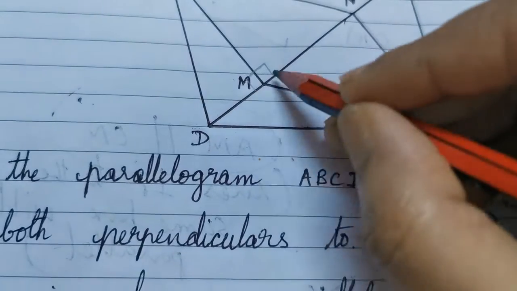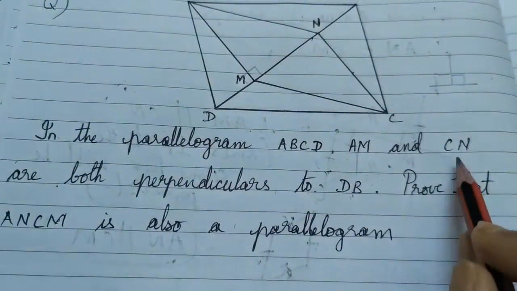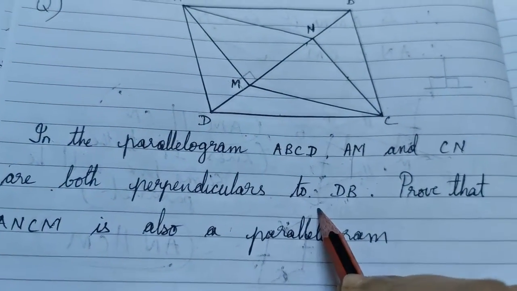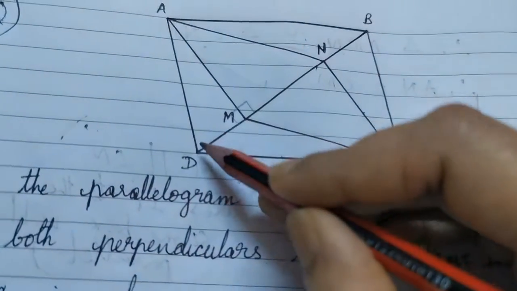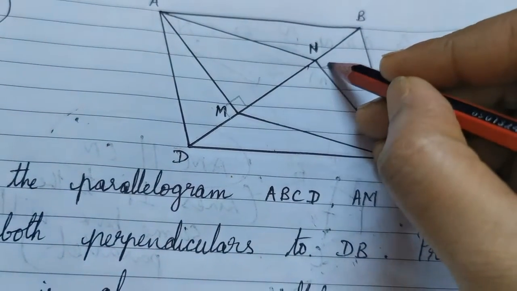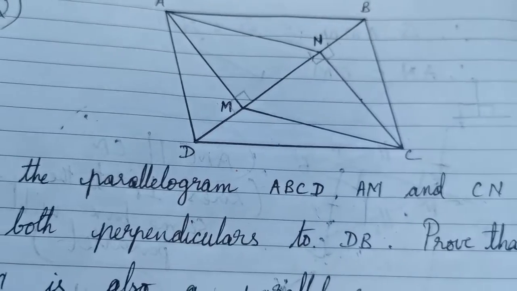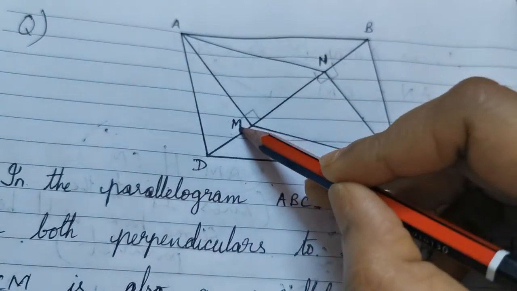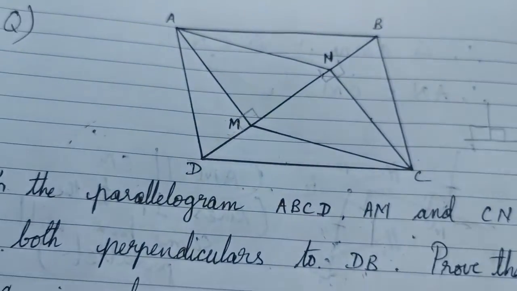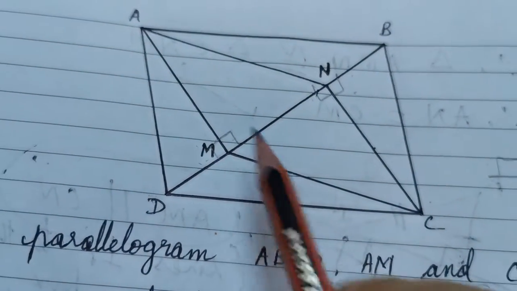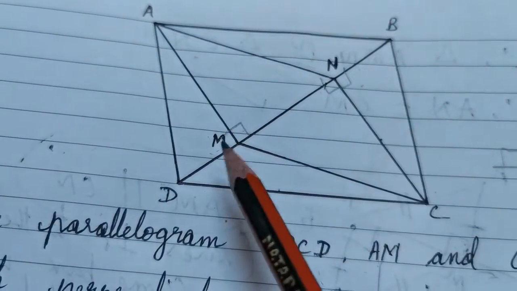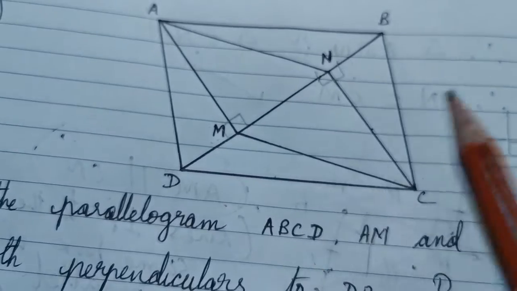Next, CN is perpendicular to DB. So CN is this line, DB is this line. I have a 90 degree here and a 90 degree here. So this is the meaning of perpendicular. AM is perpendicular to DB, CN is perpendicular to DB.